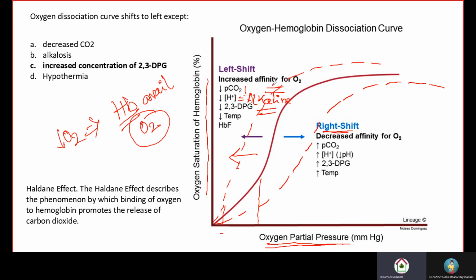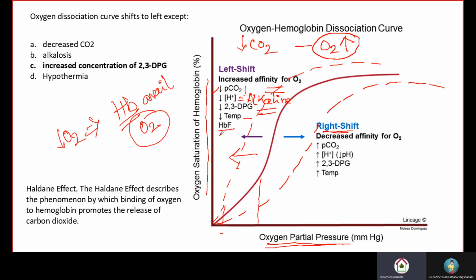If carbon dioxide partial pressure decreases, then the affinity of oxygen for binding to hemoglobin will increase. In alkaline blood, H plus decreasing means pH increasing. So left shift occurs with alkaline blood, decrease of 2,3 DPG, and hypothermia.